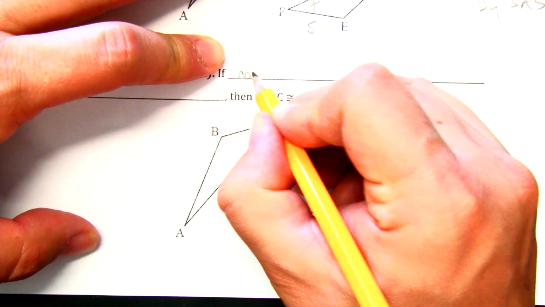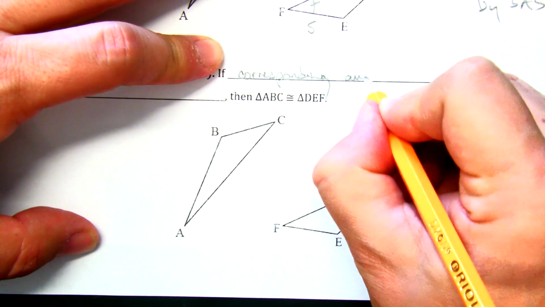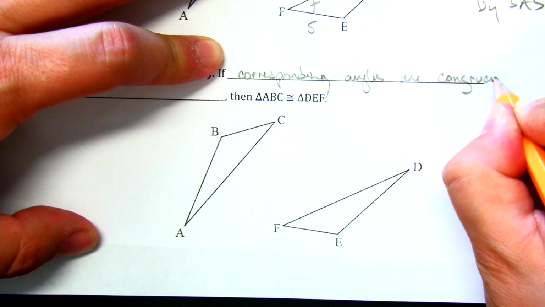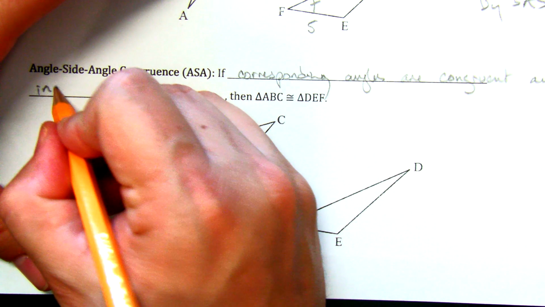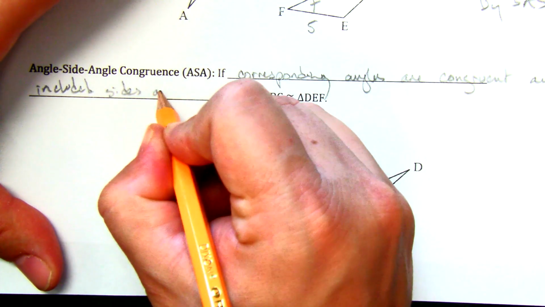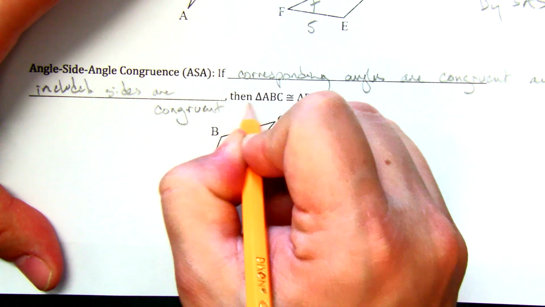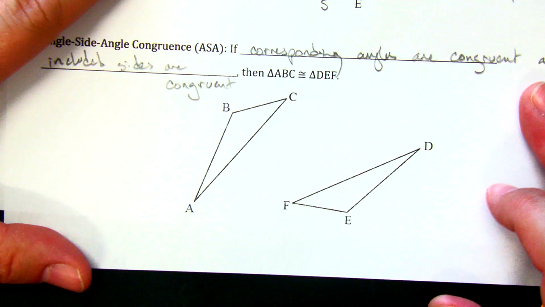If corresponding angles are congruent and included sides are congruent, then our two triangles ABC, DEF are going to be congruent.